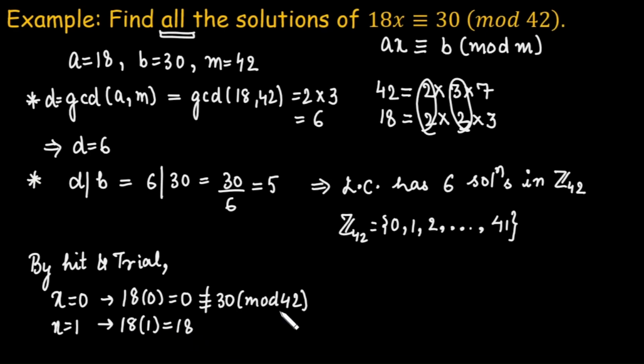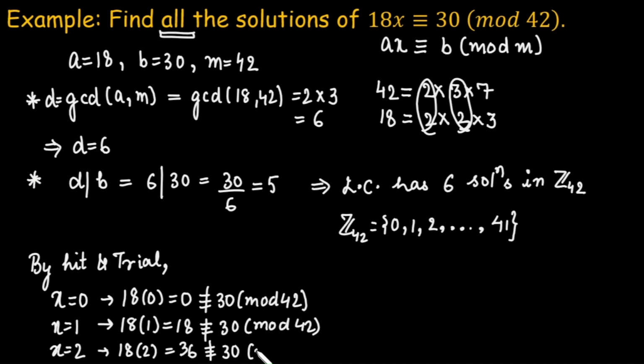As it is not divisible by 42, the remainder is 18 and that is not congruent to 30 mod 42. x is equal to 2: 18 into 2 is equal to 36. Is 36 divisible by 42? No, so 36 is the remainder and that is not equal to 30. So x is equal to 2 is not the solution.